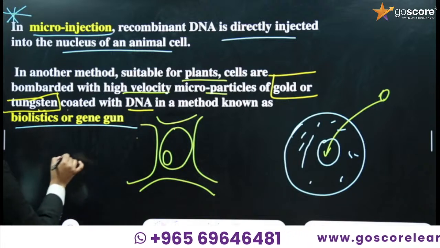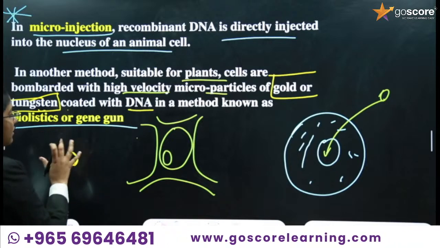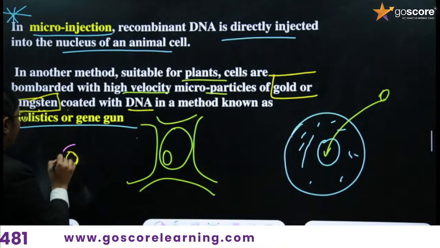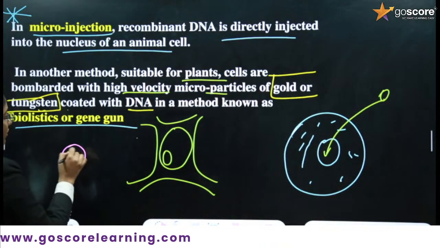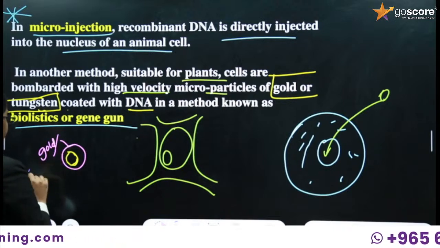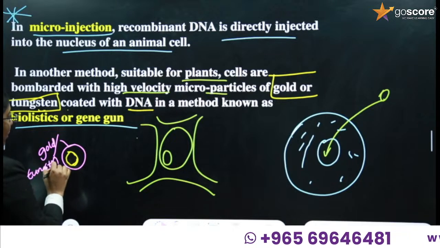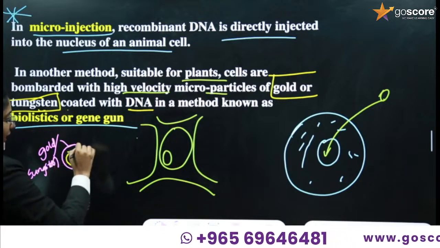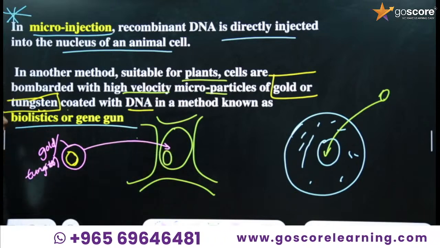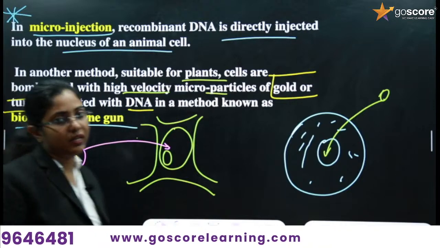This is not micro DNA, it is the recombinant DNA, and this recombinant DNA is coated with gold or tungsten. This gold or tungsten coated DNA is bombarded into the plant cell, and this method is known as the gene gun method.